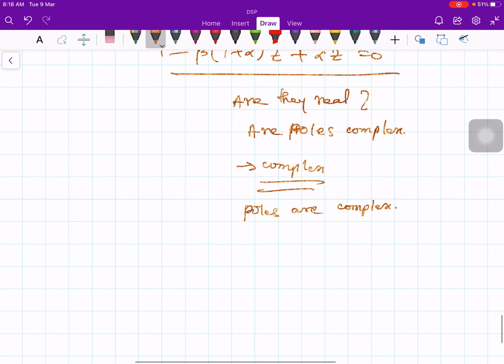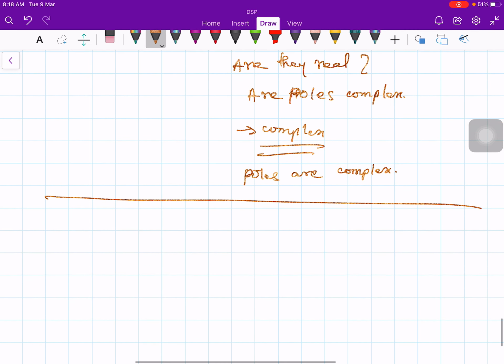Now let me take an example and then we will design a band pass filter. Suppose we want the center frequency to be pi by 2, and let's say the bandwidth of the filter is pi by 4.